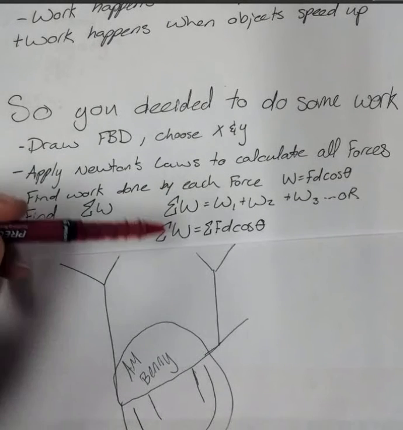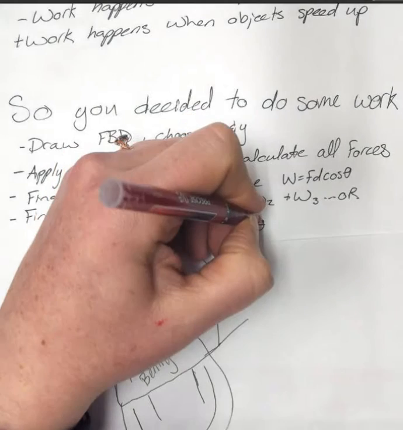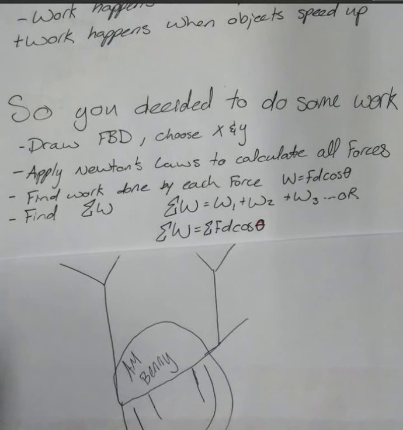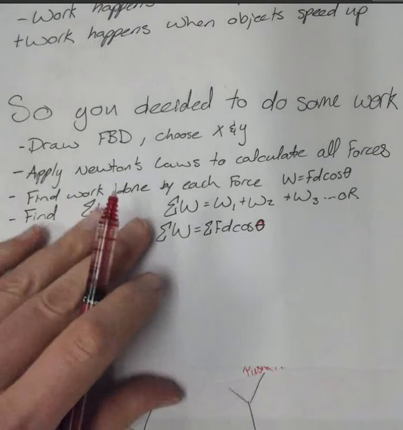If you use this equation, make sure that your theta here is your theta for your net force, which means if you found net force and there is an angle from an axis, you need to make sure that you account for the displacement between that force and the object's direction of travel.